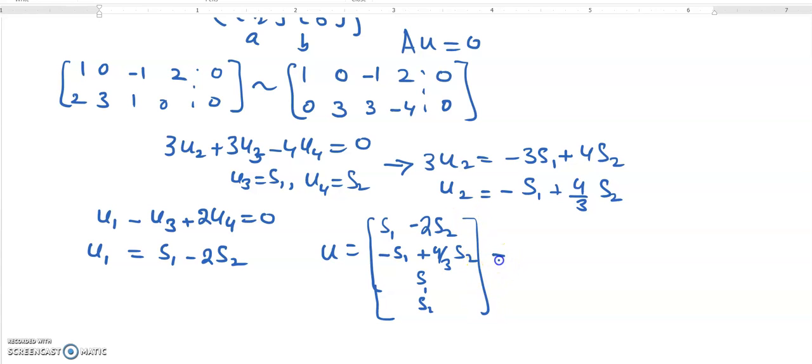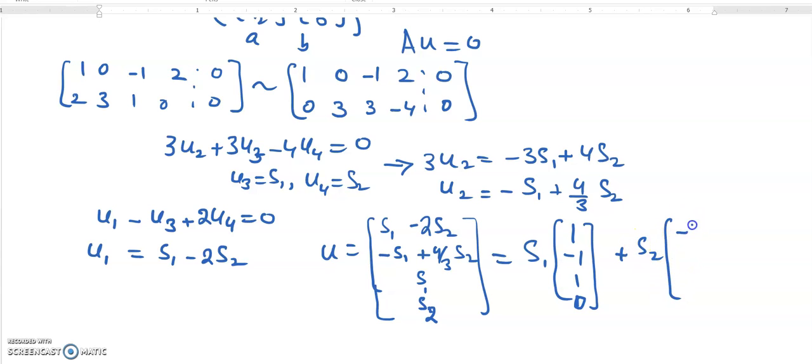Okay, so we can write it into two components: s1 times 1, minus 1, 1, 0, and plus s2 times minus 2, 4 thirds, 0, 1.